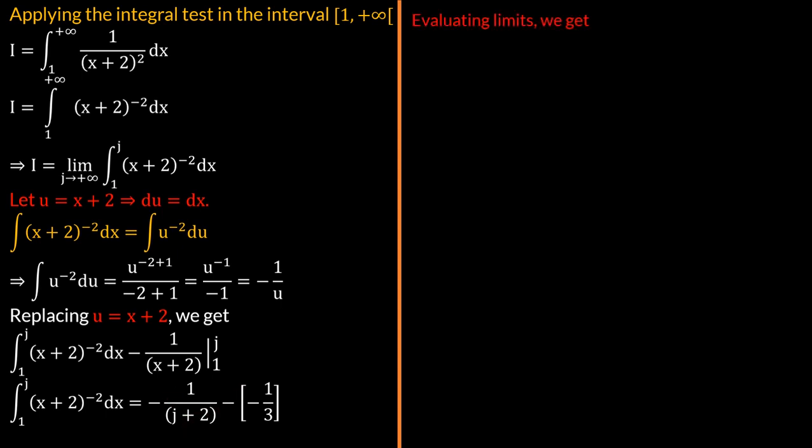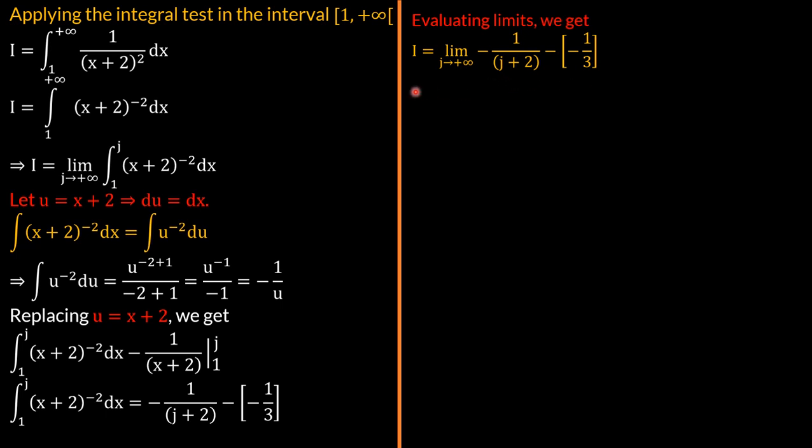Since we had an integral right up to positive infinity, and we replaced the positive infinity bound by j, evaluating the limit, I will be the limit as j approaches positive infinity of this function.